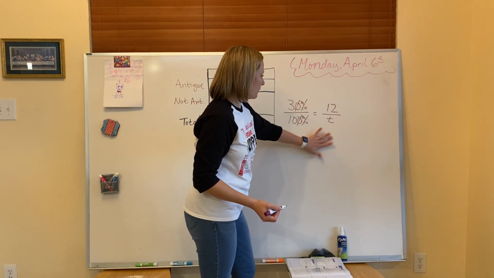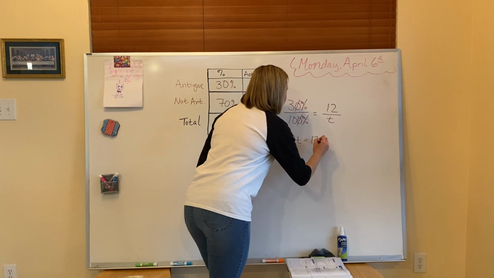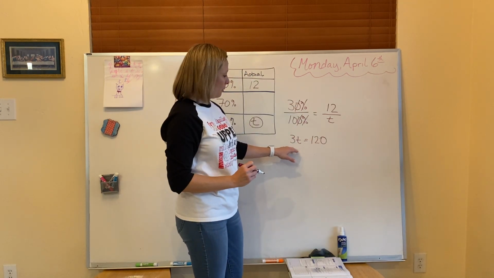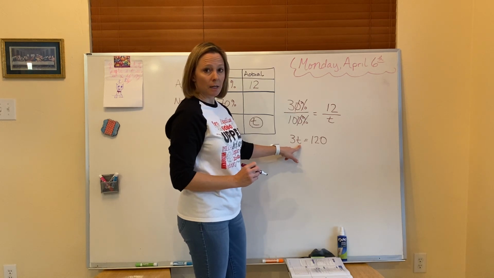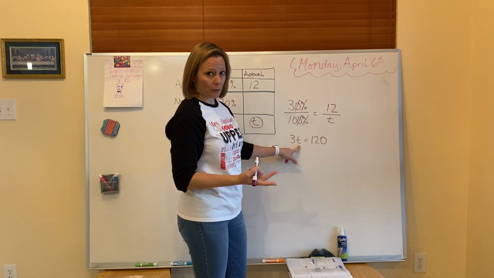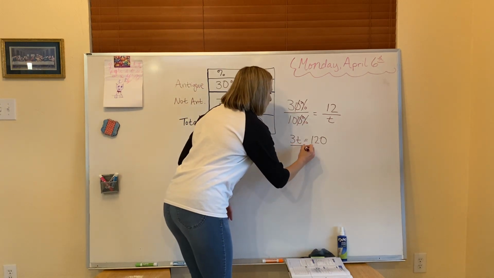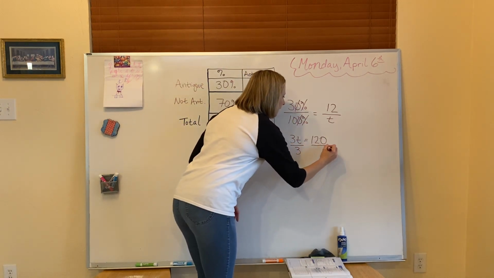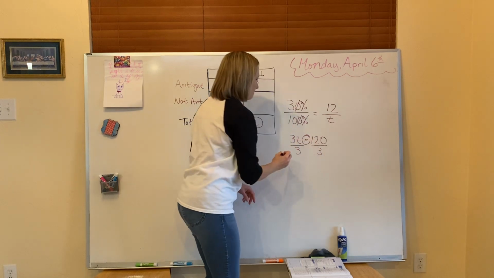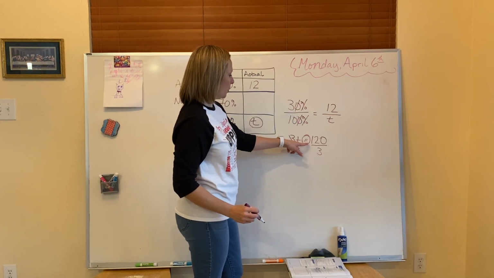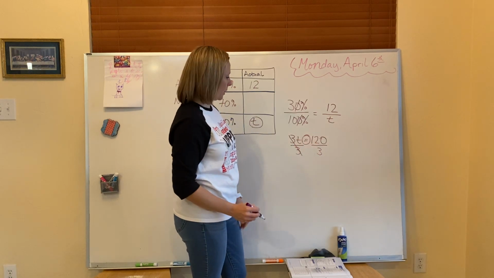Let's go ahead and solve that first. So to solve for t, we're multiplying 3 times t. We need to do the inverse with our 3 to get it gone, right? We'll divide by 3 on each side of our equality, okay? So t is equal to 120 divided by 3.